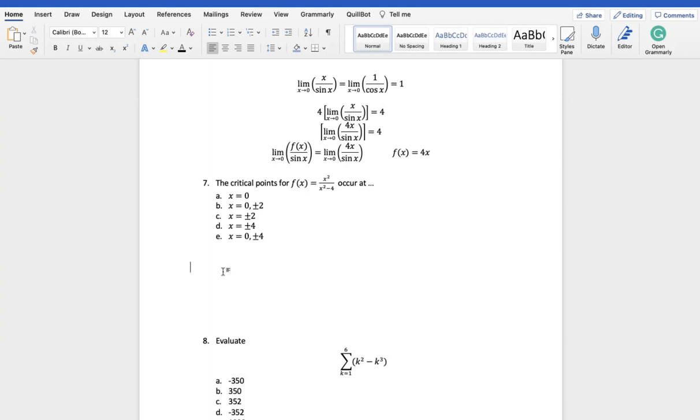Yes. So we're looking at question 7, which is asking us to find the critical points for f of x equal to x squared over x squared minus 4. So now this is theory. How do you find the critical points of a function?